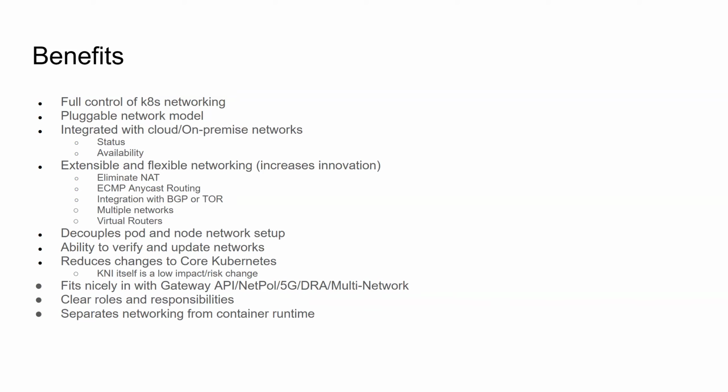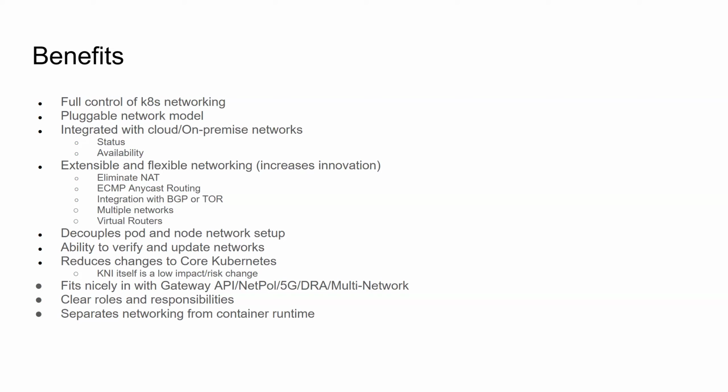And one thing that people are interested in is that it decouples the pod and node network setup. Right now, there is the first pod issue where, when the first pod is scheduled, it's creating Linux bridges, VXLAN interfaces, or whatever you need, IP tables rules. So we can actually decouple that into two different RPC calls.